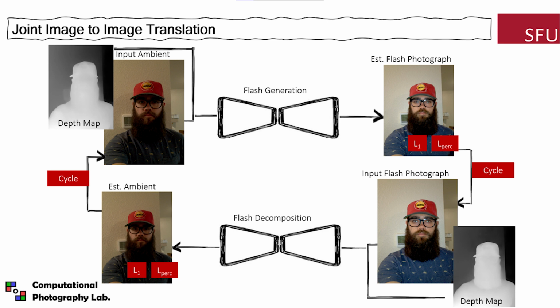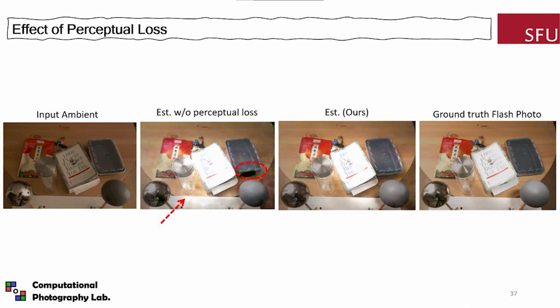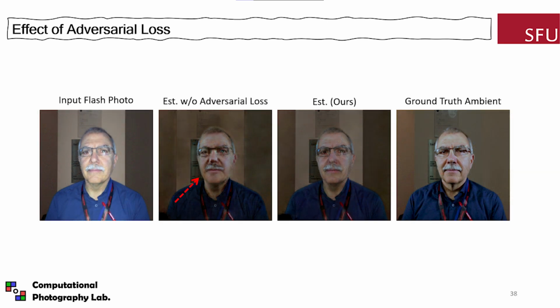We add a critic network to discriminate against the result, and we use a Wasserstein loss formulation plus a gradient norm penalty. Here we see generation task has better quality and no artifact after adding the perceptual loss. The decomposition estimation is more realistic by adding the critic.